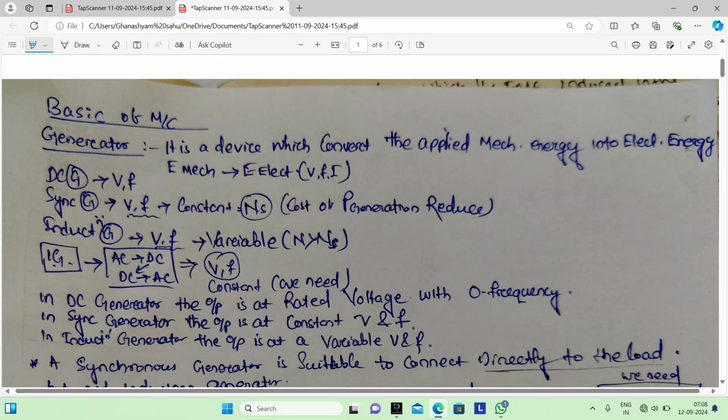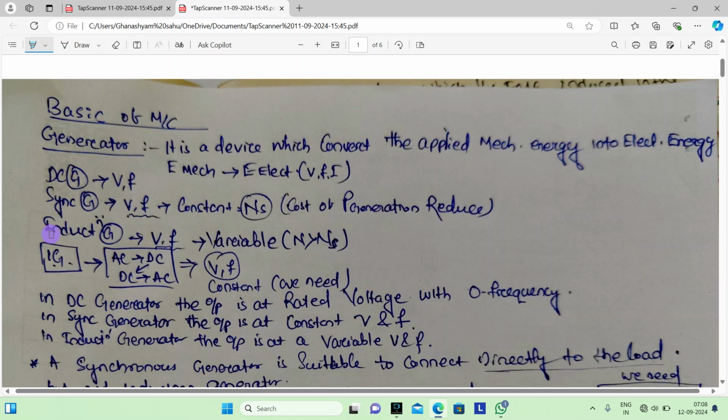What about the synchronous generator? In a synchronous generator, the voltage and frequency are always constant, and the speed Ns, the synchronous speed, is also constant. It rotates at a constant speed or constant frequency, and its cost of power generation is reduced because it rotates at a constant speed.